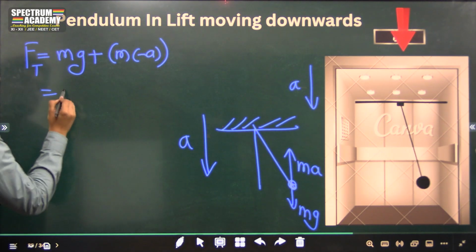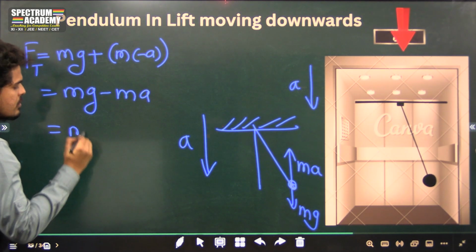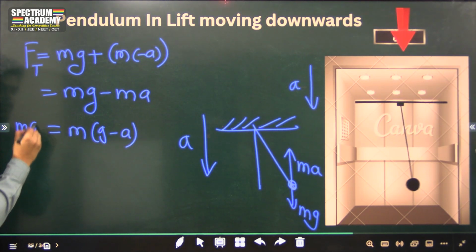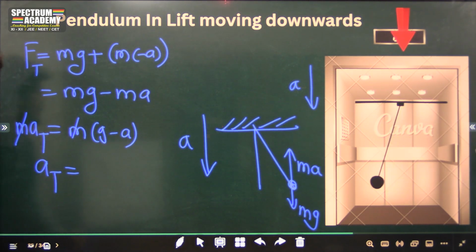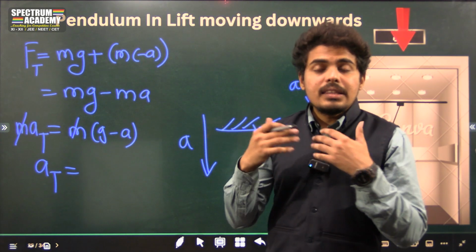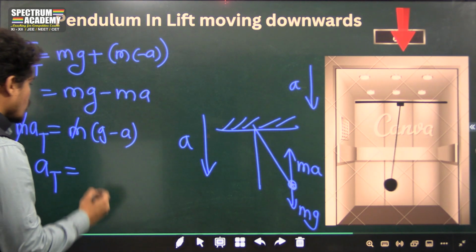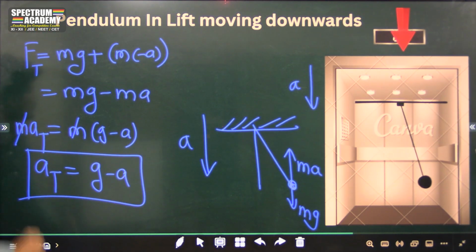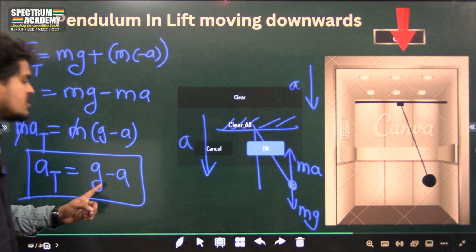So we can write it as mg minus ma, that is m into g minus a, and the total force is m into total acceleration, m gets cancelled. So the resultant effective acceleration for the bob of the pendulum in the lift moving downwards with acceleration a is g minus a.